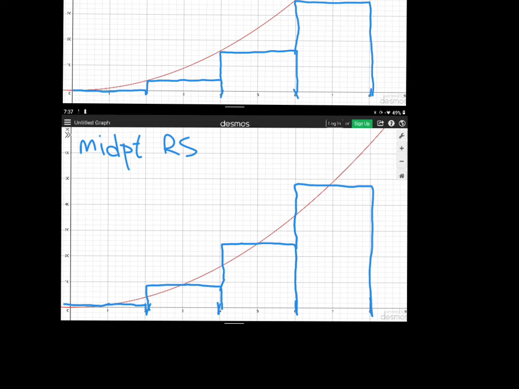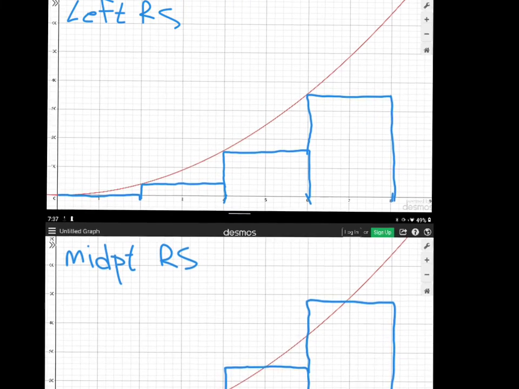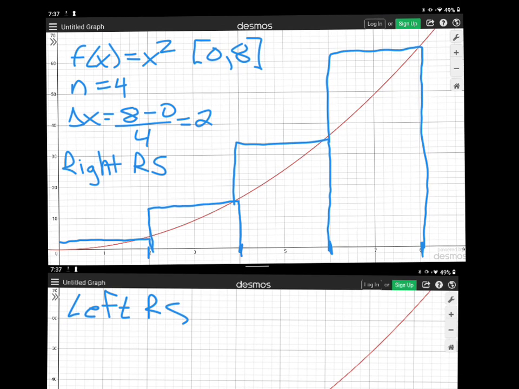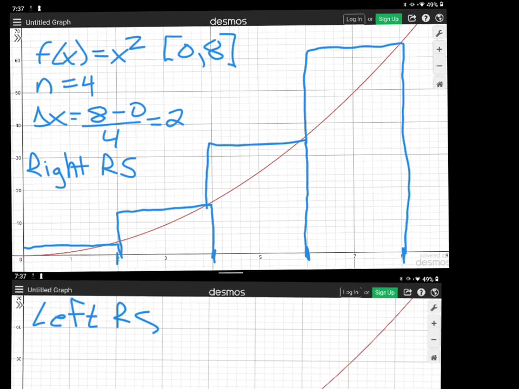When we talk about the midpoint Riemann sum, we're talking about using the midpoint of our subinterval as our height. When we talk about the left Riemann sum, we're using the left-hand grid point for our height. When we talk about the right Riemann sum, we're using the right grid point of each subinterval for our height. So let's take a look at those subintervals. So right, we decided to go from 0 to 4.